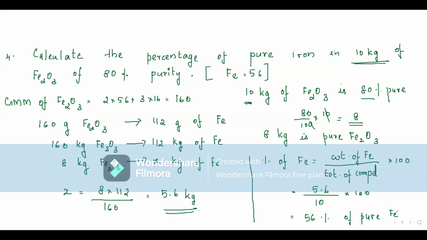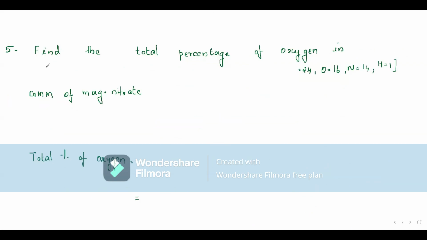The next question. Now, let us see this question. Find the total percentage of oxygen in magnesium nitrate hexahydrate. So, the weight of magnesium is given 24. First of all, GMM has to be calculated.